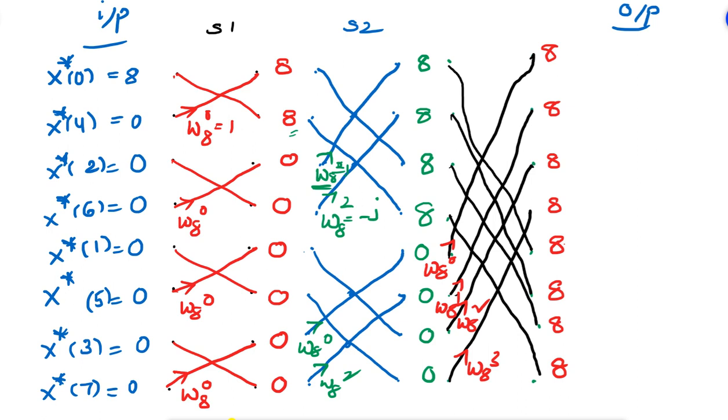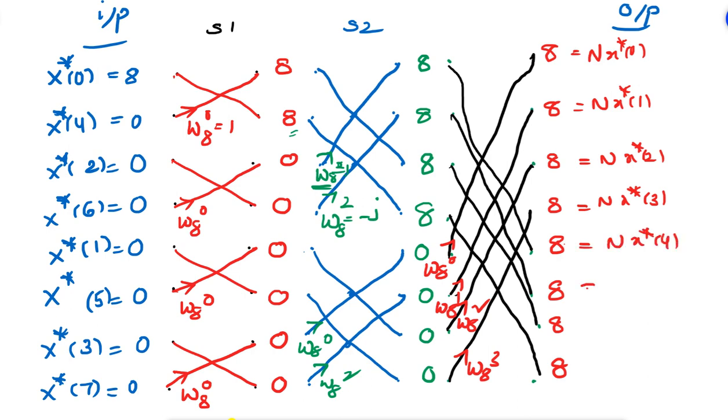These values are nothing but n times x conjugate of 0, n times x conjugate of 1, n x conjugate of 2, n x conjugate of 3, n x conjugate of 4, n x conjugate of 5, n x conjugate of 6, and n x conjugate of 7.